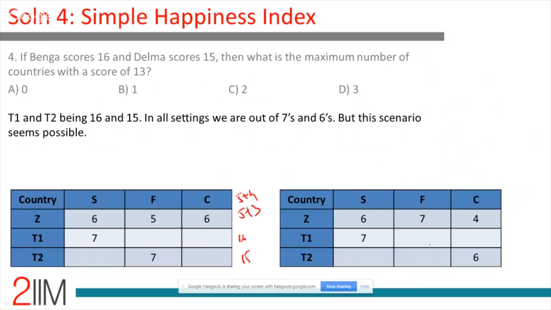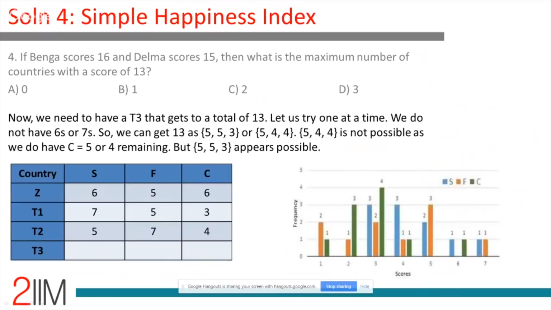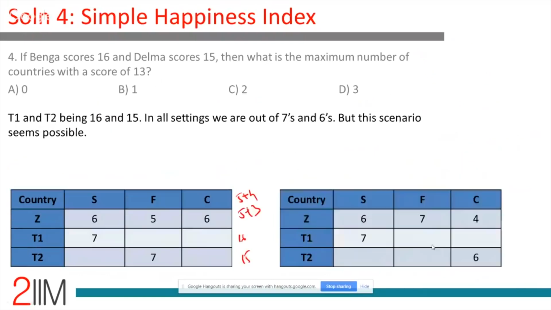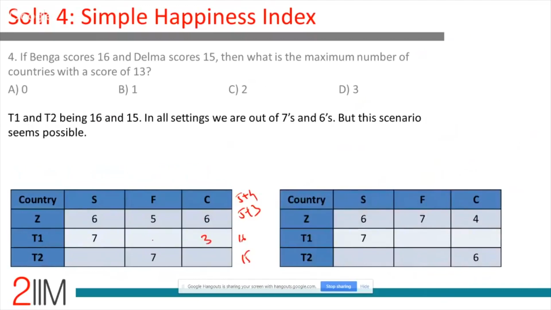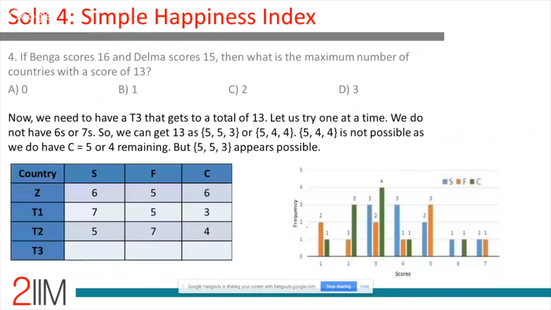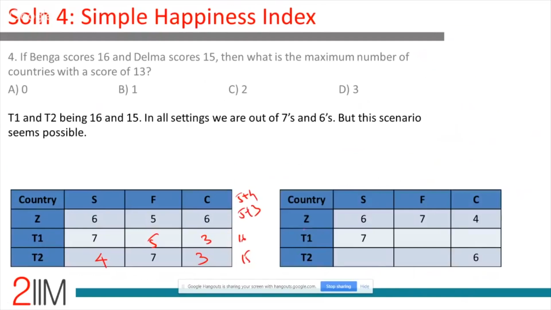So let's see if we can fill those numbers in. 5 plus 3 and a 5 plus 4. Remember, C does not have any 5. You already remember that. That's only 1, 4. So it has to be a 3 and 5 and 3 and 4. Okay, so 7 plus 5 plus 3 is 15. 5 plus 7 plus 4 is 16.